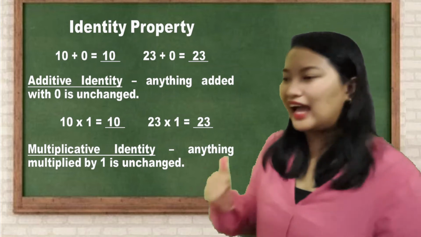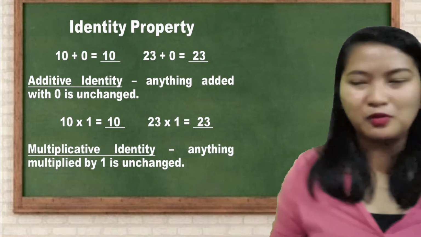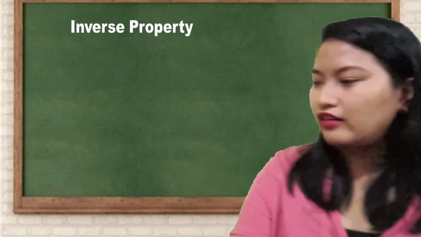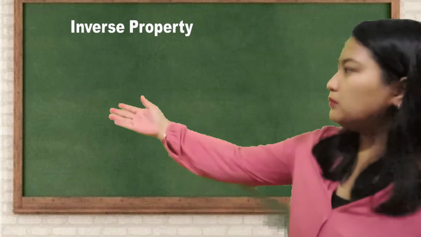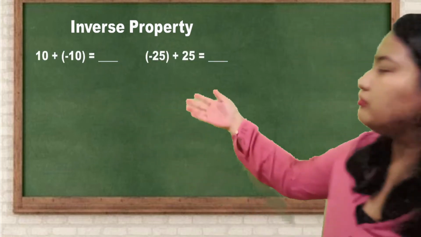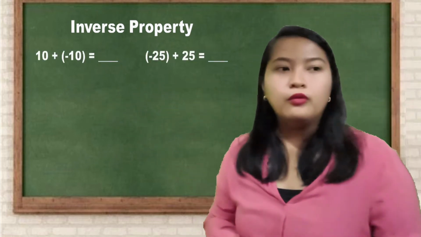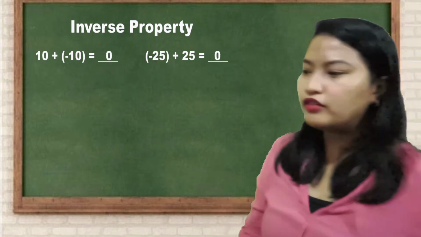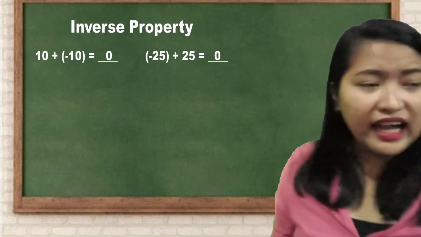And let's go with the last property for this morning. Okay, we have Harry. Harry, can you tell us what is 10 plus negative 10 and negative 25 plus 25? Very good. You got 0. So what have you observed with these added numbers?